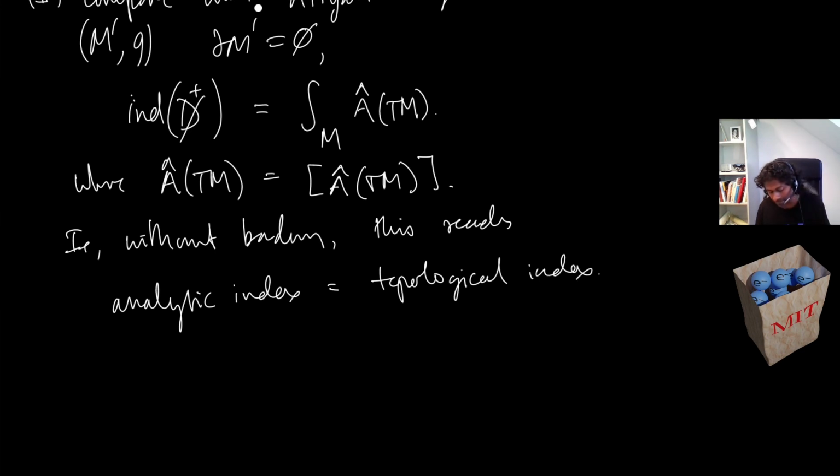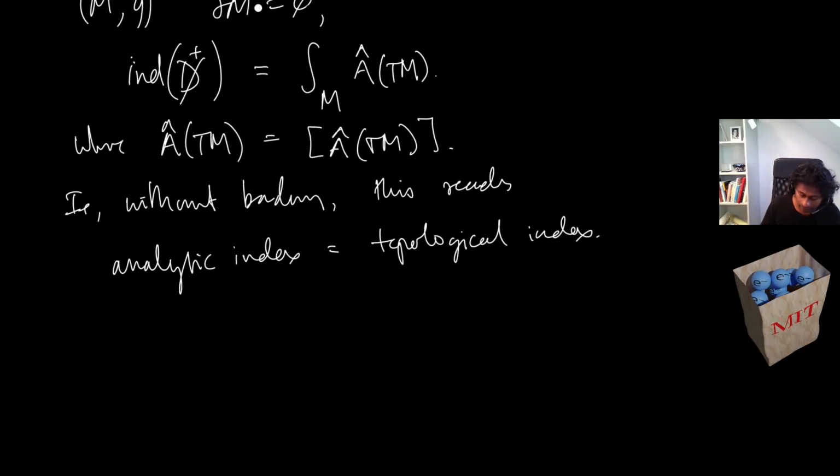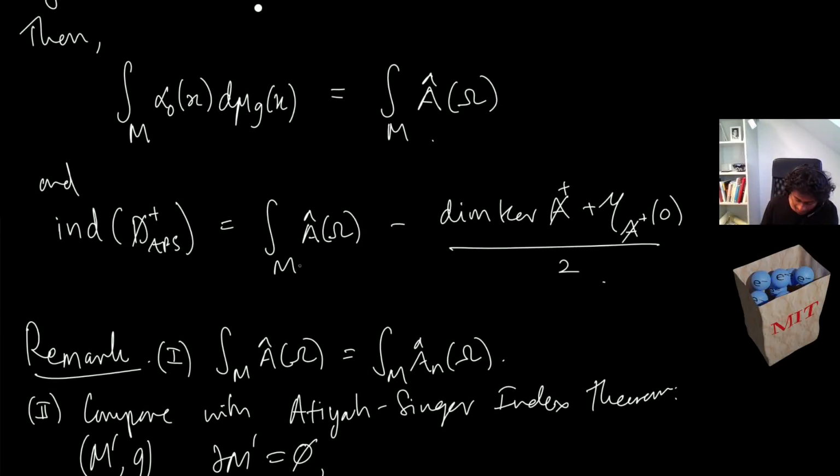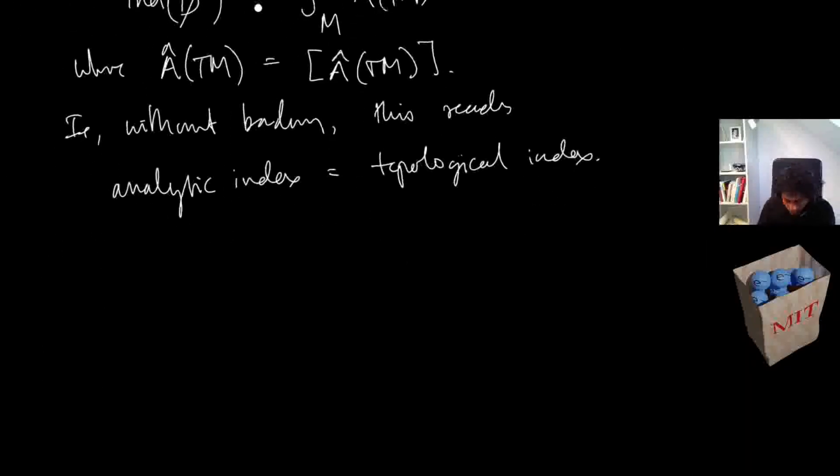Okay, so it really doesn't matter about the connection that one chooses here. Whereas for us, we really do care about the connection that we're integrating against, because we have boundary. So that's very important.